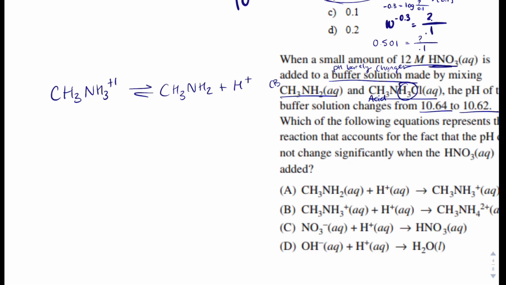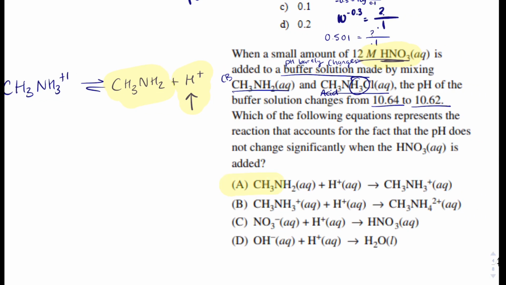And so what's happening is we have added H plus through my acid. But the pH barely changed, so whatever I added must have reacted with something. Well, I've got my conjugate base right here. And so what I need to do is just find the reaction that shows that. So I think that that's going to be A. And so that looks to be the final answer.